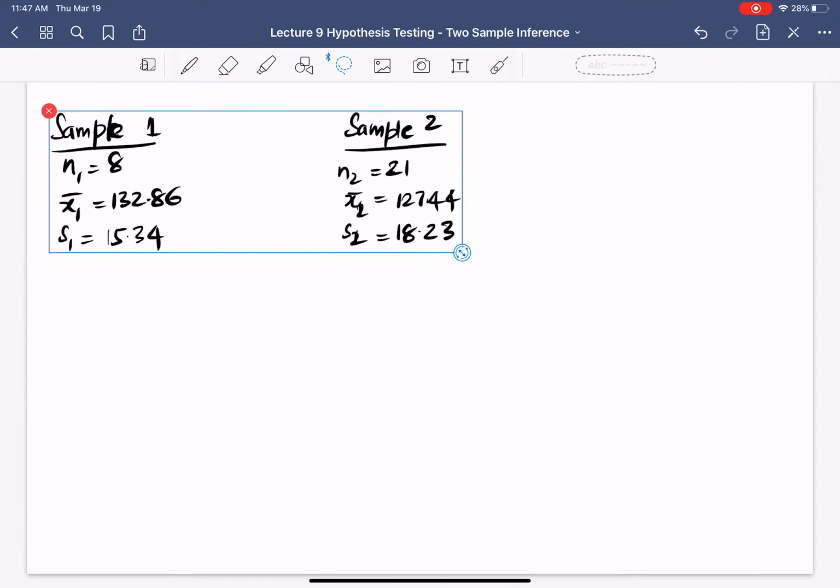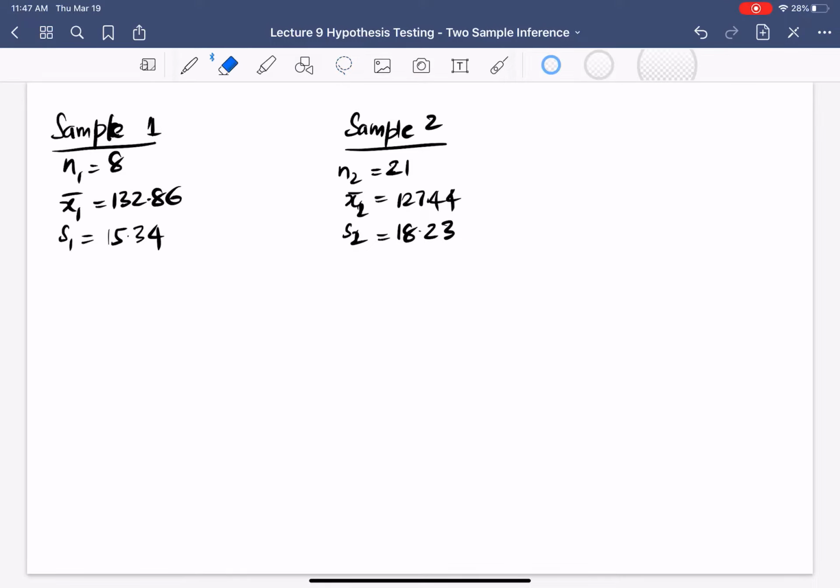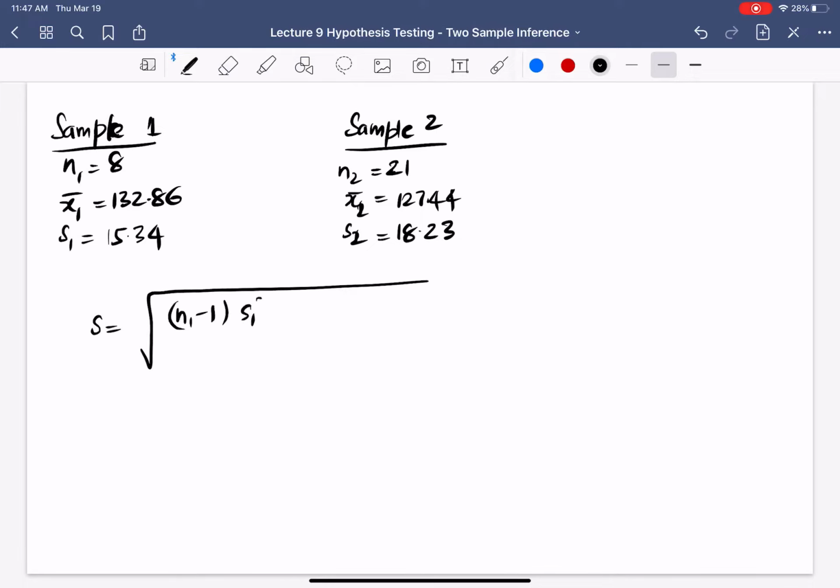Now we have the values. Let's calculate first the S value. S value is the square root of (N1 minus 1) times S1 square plus (N2 minus 1) times S2 square, divided by N1 plus N2 minus 2.